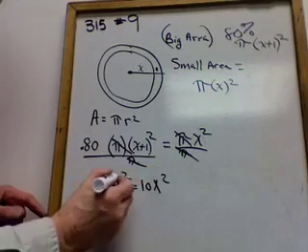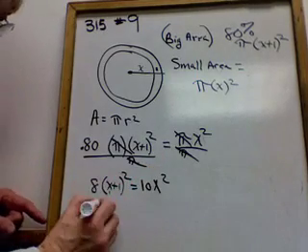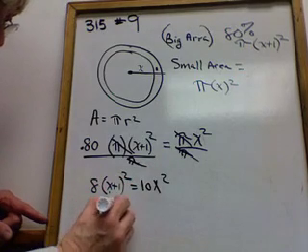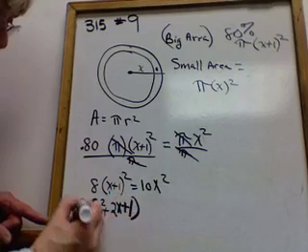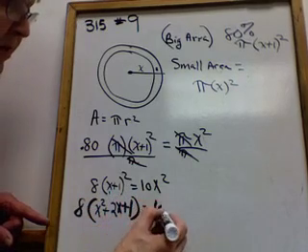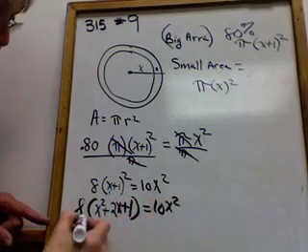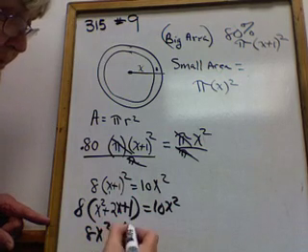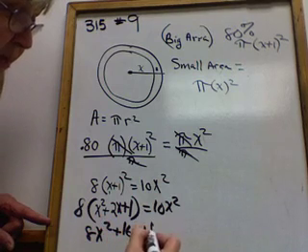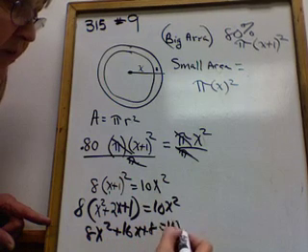All right, let's simplify this binomial first. So that's x squared plus 2x plus 1 times 8 equals 10x squared. Distribute the 8, so we get 8x squared plus 16x plus 8 equals 10x squared.